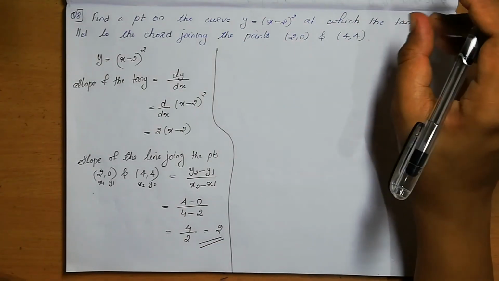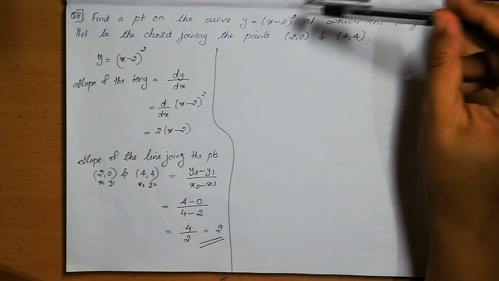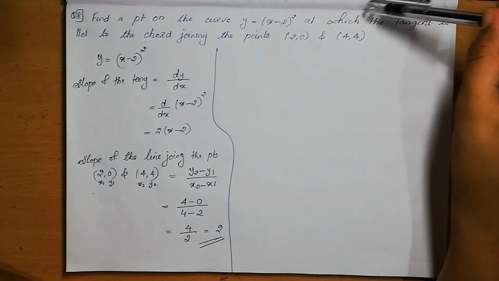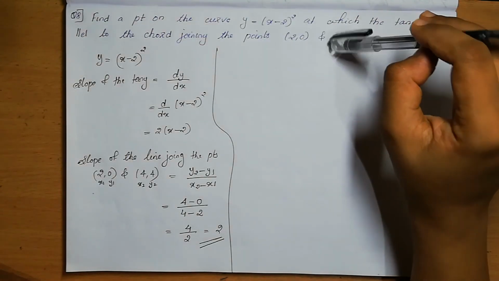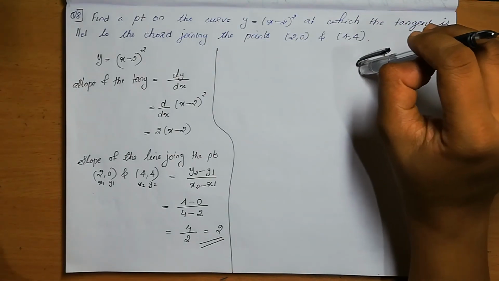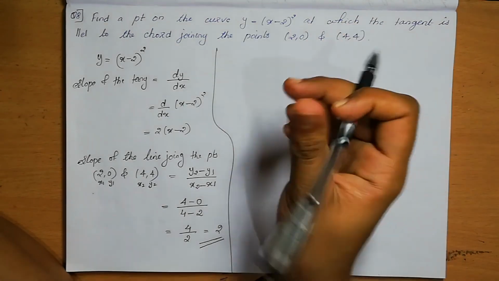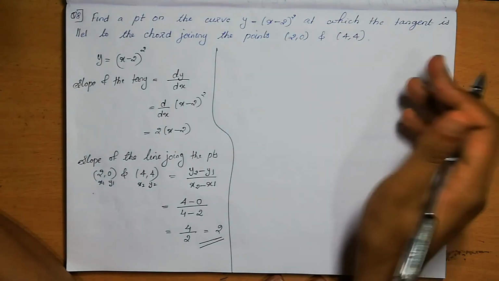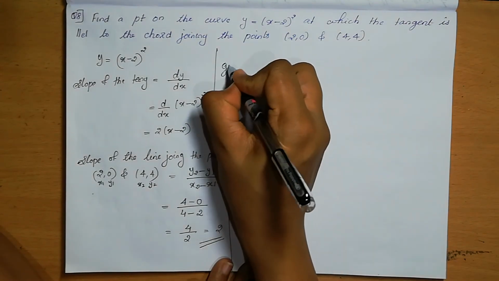Correct. Next, it is given that the tangent to the curve y equal to x minus 2 the whole square is parallel to the chord, that means both slopes are equal. That means what we can write? Slope of the tangent to the curve equal to slope of the line joining.